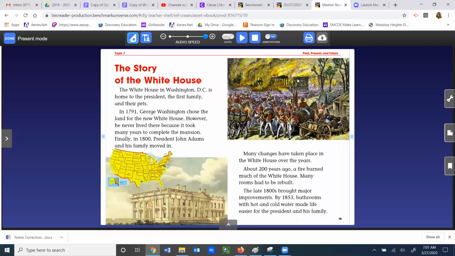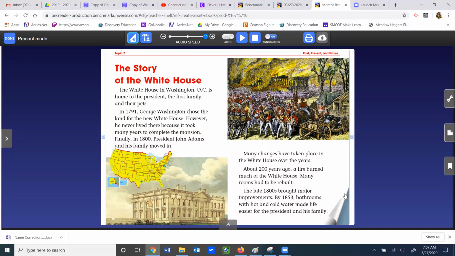So let's get started. When I think about these two texts, I see that they are both informational texts about the past. I know that informational texts about the past often include photographs to show the time period.